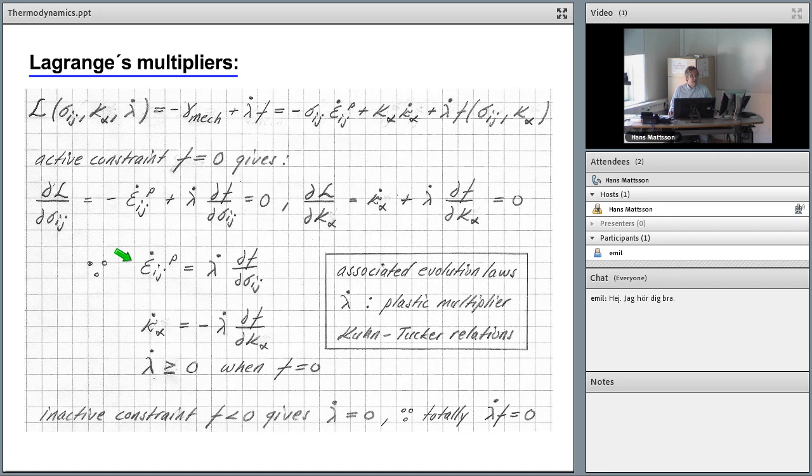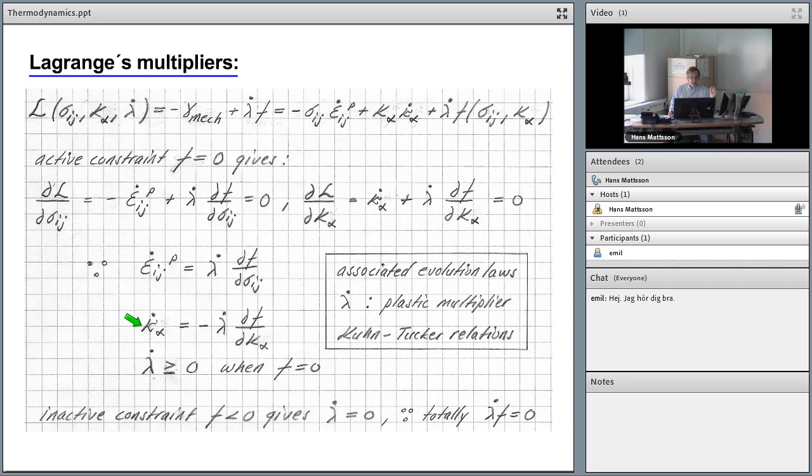So by maximizing the dissipation inequality, we get the associated flow rule from this. The associated flow rule. And this other relation here, we get this result that we will come back to later on.